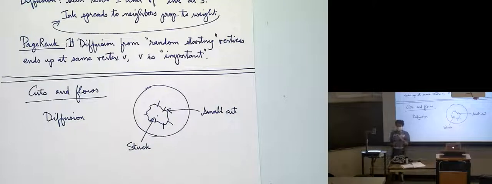But still, what does it mean when a diffusion gets stuck? So how does one formally define that? Think about it visually as color. You put ink. Initially the ink is very dark because it's one unit of ink that's stuck on one vertex.